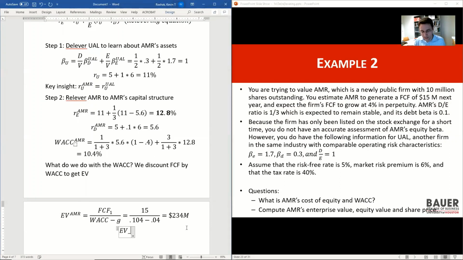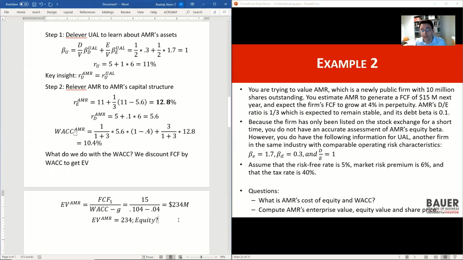Okay, so if the enterprise value is 234, what is the value of the equity? We know that the debt to equity ratio is 1/3. So we said that 3/4 of the company is in equity.